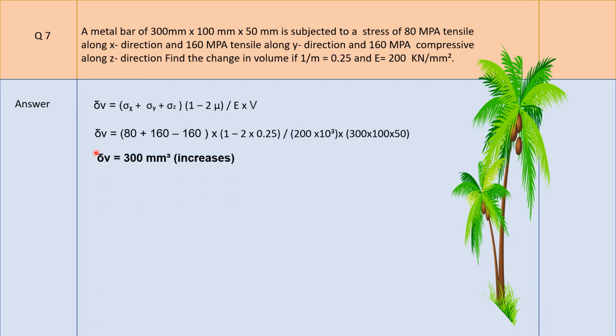The answer is 300 mm cube. If you don't get the answer, repeat it once again from here. Bracket open 80 plus 160 minus 160 bracket close into bracket open 1 minus 2 into 0.25 bracket close divided by bracket open 200 exponential 3 bracket close into bracket open 300 into 100 into 50 bracket close is equal to.